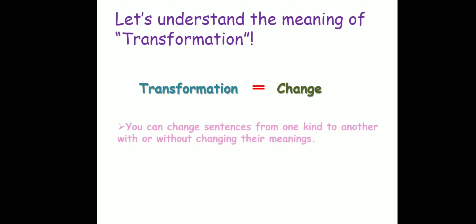You can change sentences from one kind to another with or without changing their meanings. So when you change one kind of sentence to another kind, you can do so either with changing the meaning or without changing the meaning of the sentence.